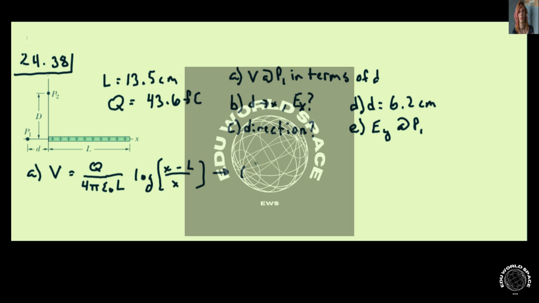And putting in the rest of the numbers, just because we'll need that later. You get 2.9 times 10 to the negative third volts times the logarithm of 1 plus 0.135 meters divided by d.